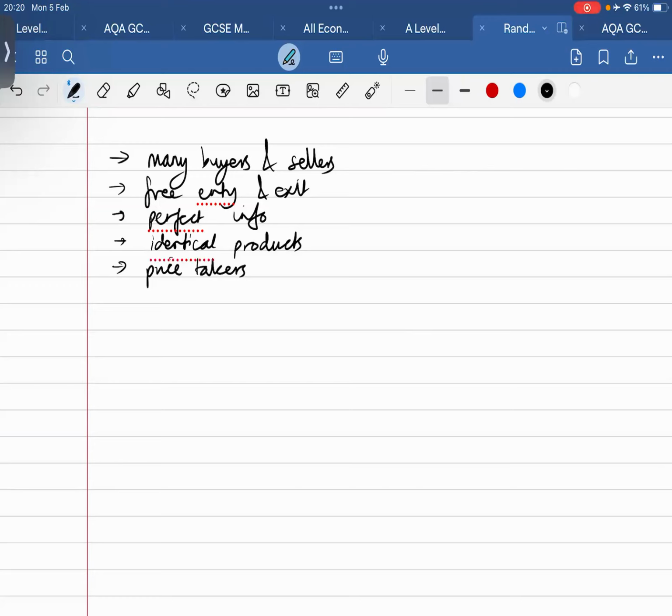The perfect competition diagram is probably the most difficult to remember. The only reason for that is because there's a short run version and a long run version. That's what makes it hard.